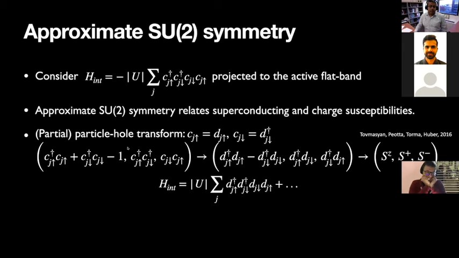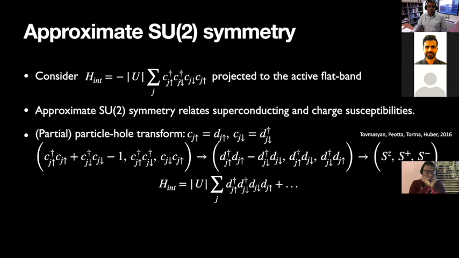This is the pair creation operator. This is the pair annihilation operator. If you rewrite this in terms of the new d's, the density becomes like a magnetization for the d's. The pair creation becomes like a spin flip operator, S plus, for the d's, and the pair annihilation becomes like an S minus. So that's the analogy here.